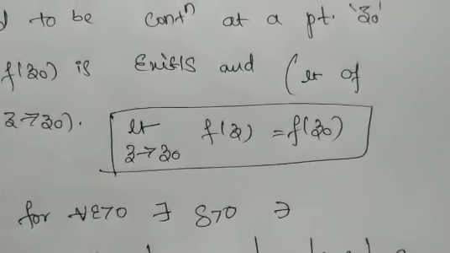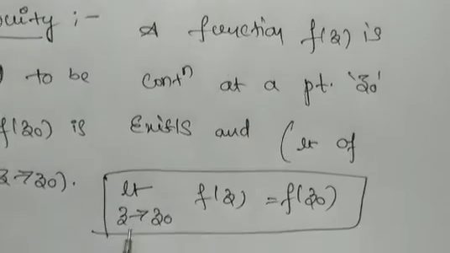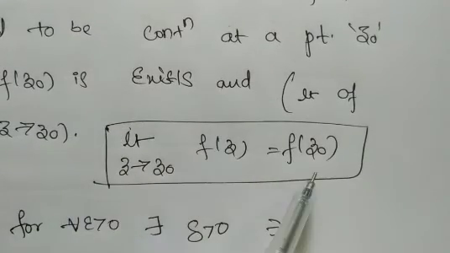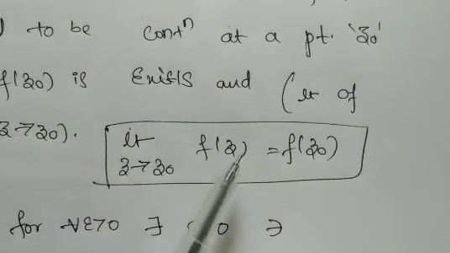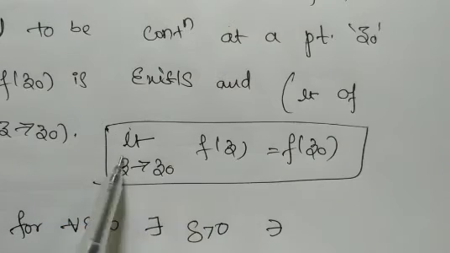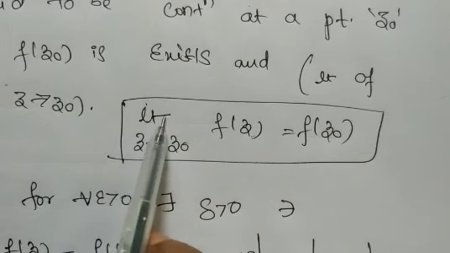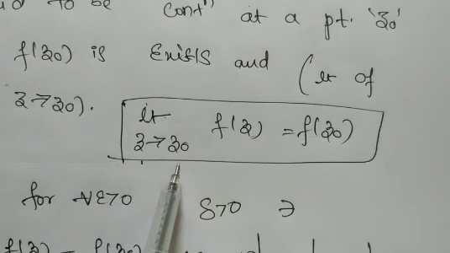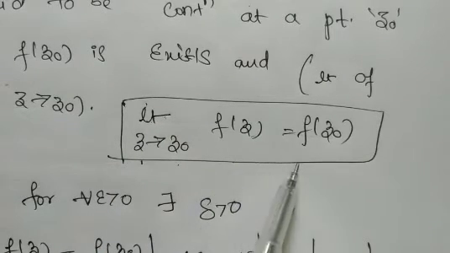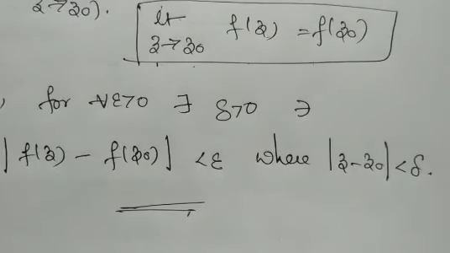Continuity means both the right hand side limit and left hand side limit are equal and the limit is the same as the function value, then that function is called continuous. Therefore limit z tends to z naught f(z) equal to f(z naught).